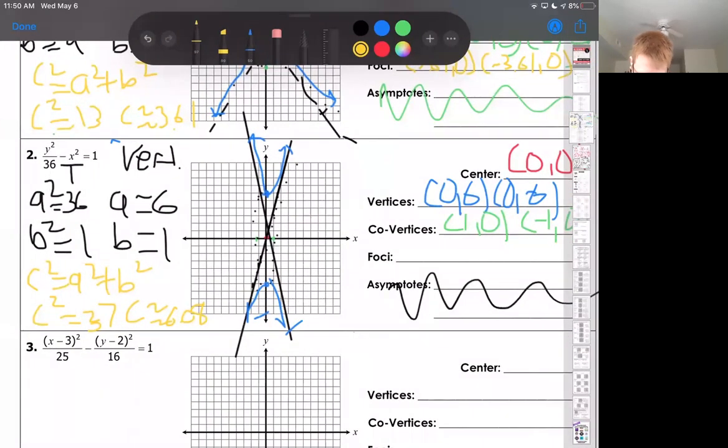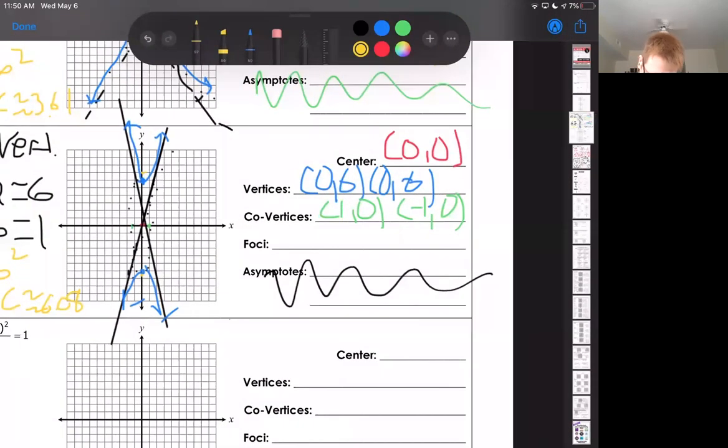So since this is vertical, you're going to go up that 6.08. So it's going to be so close to the vertices, literally just 0.08 further away from it. But your focus points would really be 0, 6.08 and 0, negative 6.08. So it's honestly kind of hard to sketch because it's going to be so close.